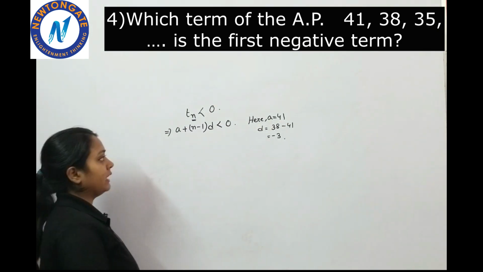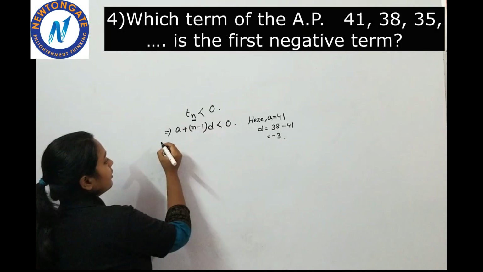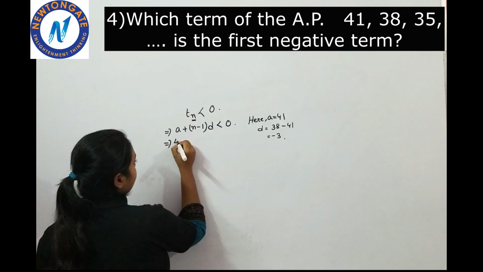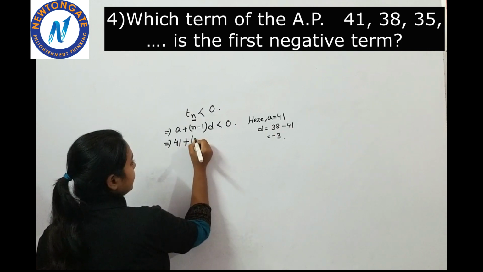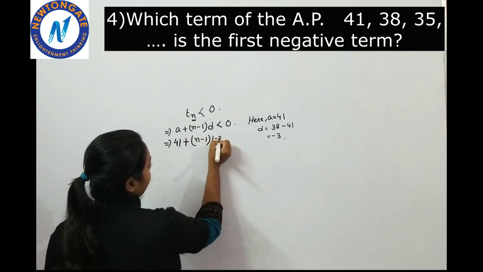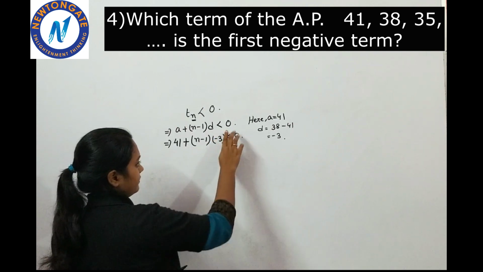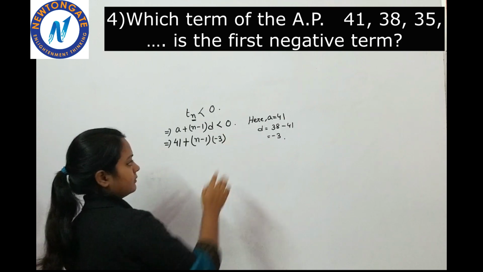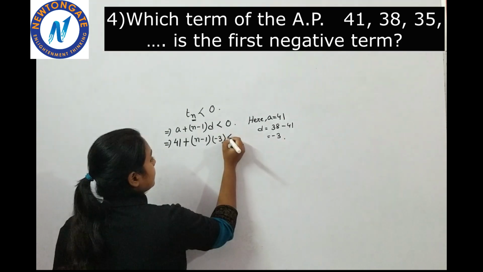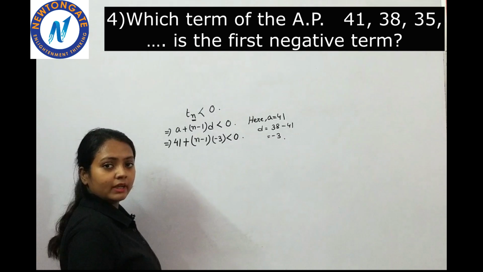We put the value of a and d here. Then we will get 41 plus (n minus 1) into minus 3 less than 0. Right?